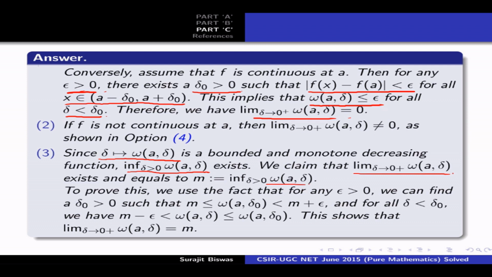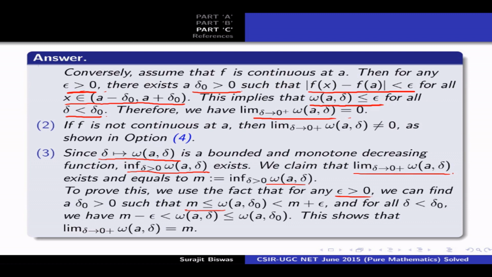Now to prove this, we use the fact that for any epsilon greater than 0, we can find a delta naught greater than 0, by using the definition of infimum, such that omega(a, delta naught) lies in between m and m plus epsilon.